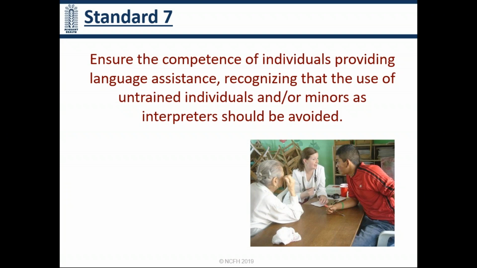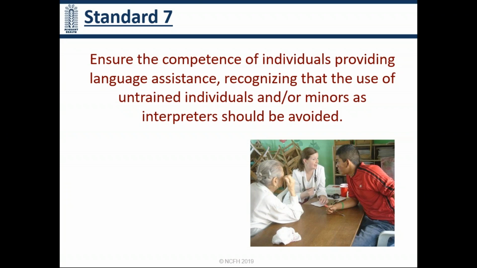We want to provide accurate and effective communication, right? We want to make sure that our patients are understanding, so that we reduce misunderstanding, dissatisfaction, and omission of vital information, such as misdiagnosis or inappropriate treatment. We need to keep all of that in mind.